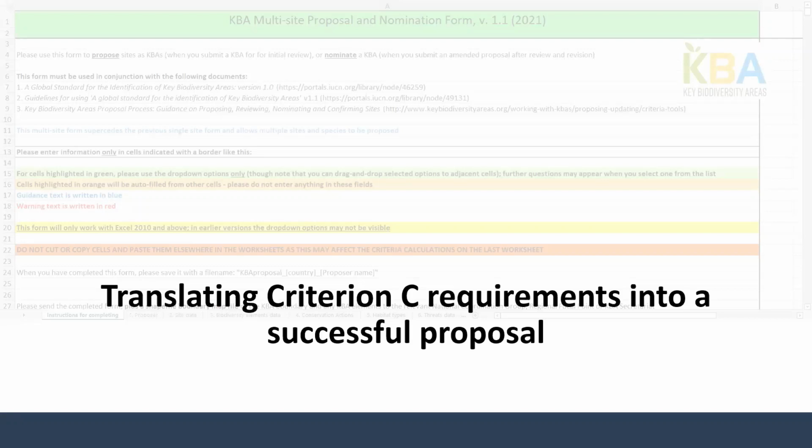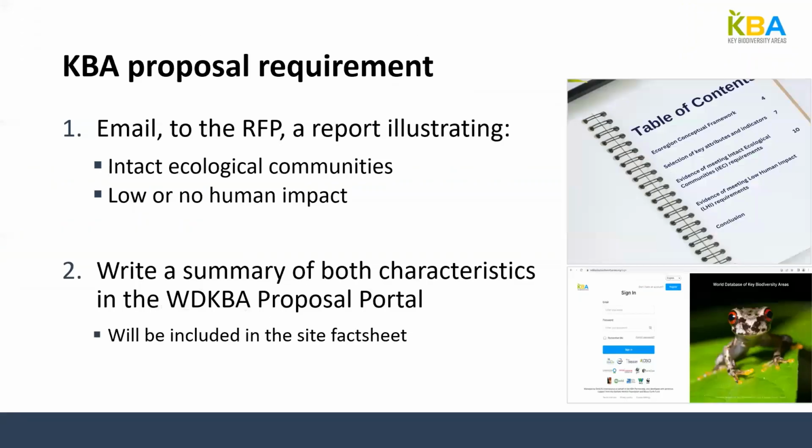So this is the third and last section of the webinar, which is focused on how to propose a Criterion C site using the WDKBA, and just ignore the background image, which is of the Excel file. So there are 2 major components of the KBA proposal for a Criterion C site.